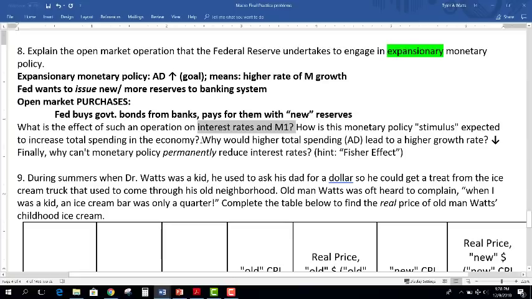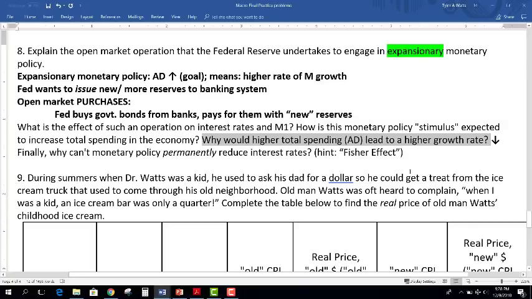Well, I just mentioned this. People borrow more from banks, right? And a lot of that's going to be businesses borrowing more to finance more operations, to expand, buy new capital, hire more workers. Why would higher total spending lead to a higher growth rate? Well, that's where we're climbing the aggregate supply curve in the short run.